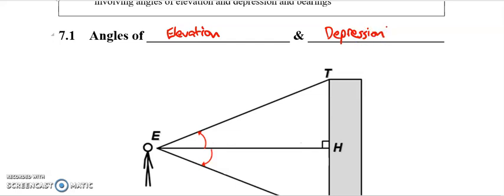Angles of elevation and depression are always taken with respect to the horizontal, the horizontal of the line of sight.